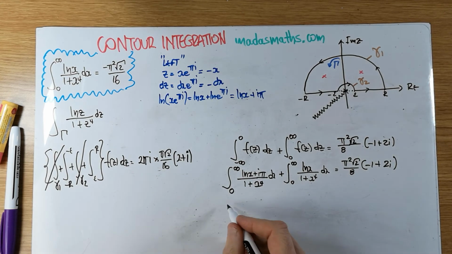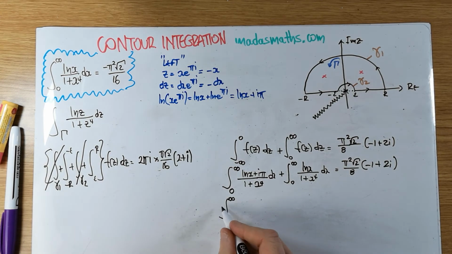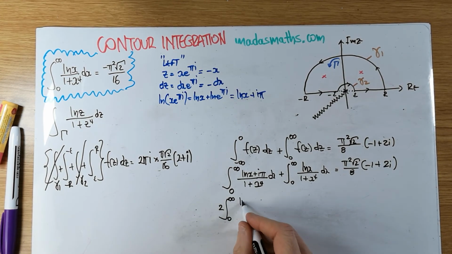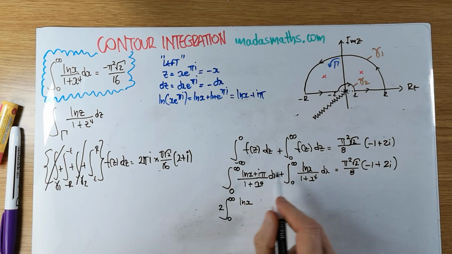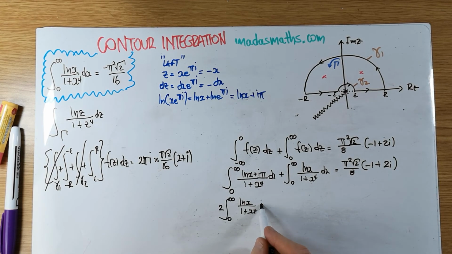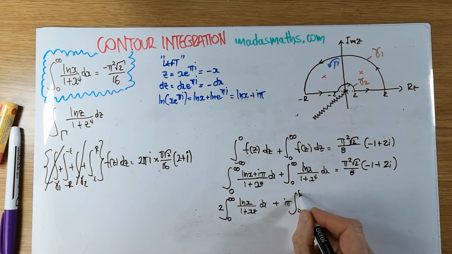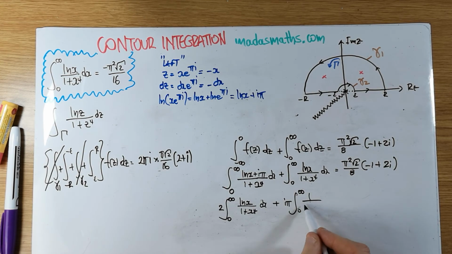So what happens now is a bit of a final tidy. We have 0 to infinity, and we're having two lots of log x over 1 plus x to the 4 dx, plus an i pi, 0 to infinity, 1 over 1 plus x to the 4 dx.